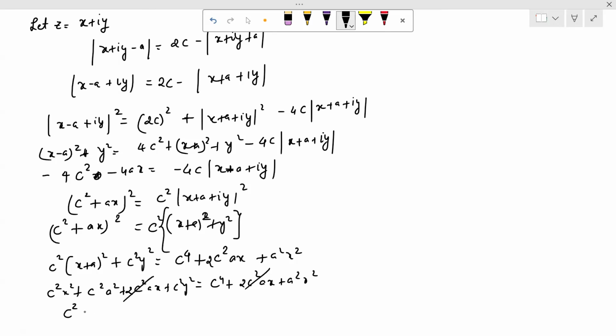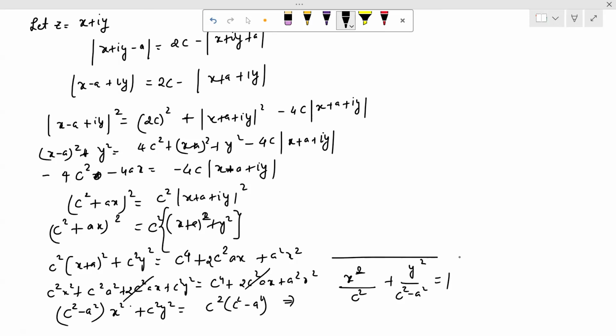And from here, you know that it is equal to C square minus A square times X square, plus C square Y square is already there, and you can write it as plus C square times C square minus A square. And this implies X square upon C square plus Y square upon C square minus A square equal to 1. It represents the equation of an ellipse.